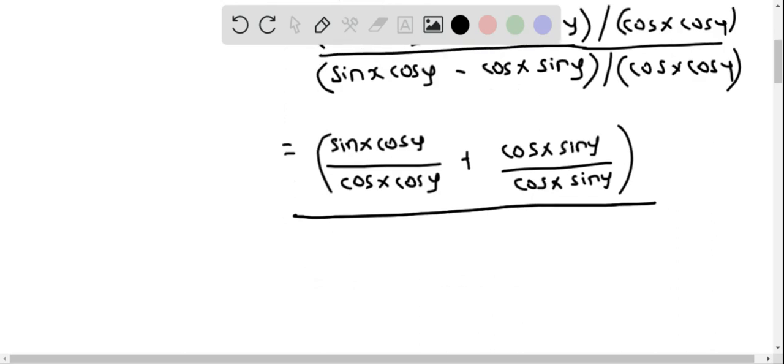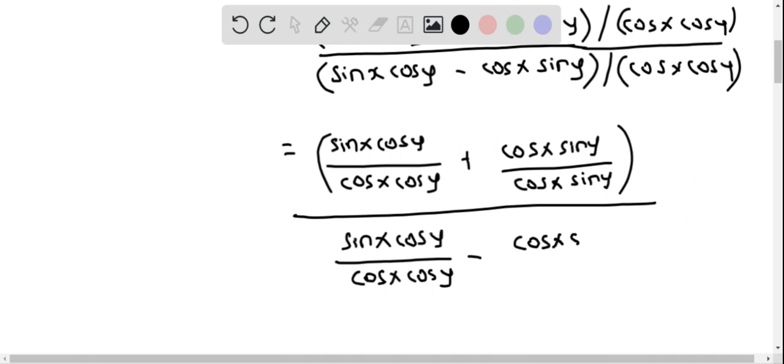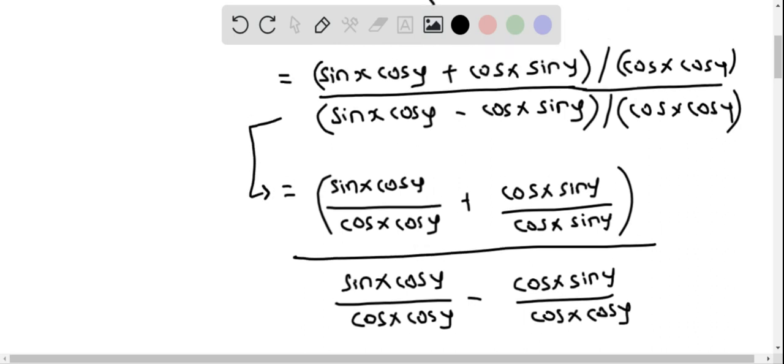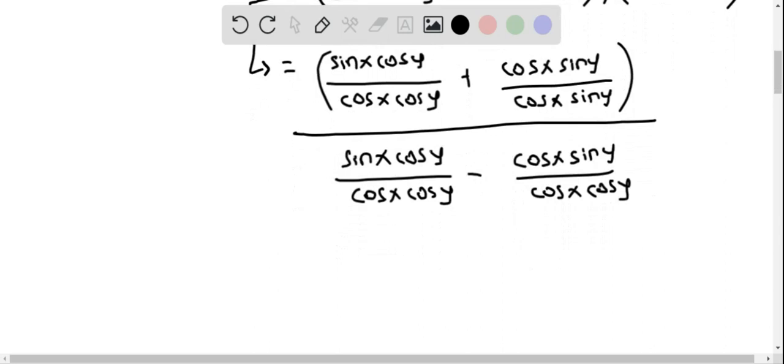The terms in the denominator fraction we also divide by cos x cos y, which can be rewritten as sin x cos y, the first term, divided by the divisor cos x cos y, then minus cos x sin y, also divided by cos x cos y. It's just that we have rewritten the same fraction as a sum or difference of two fractions.